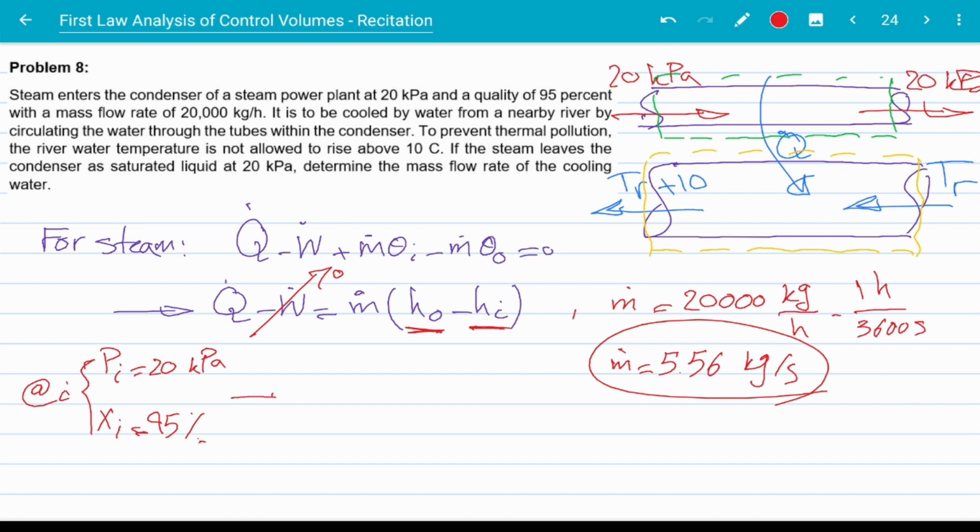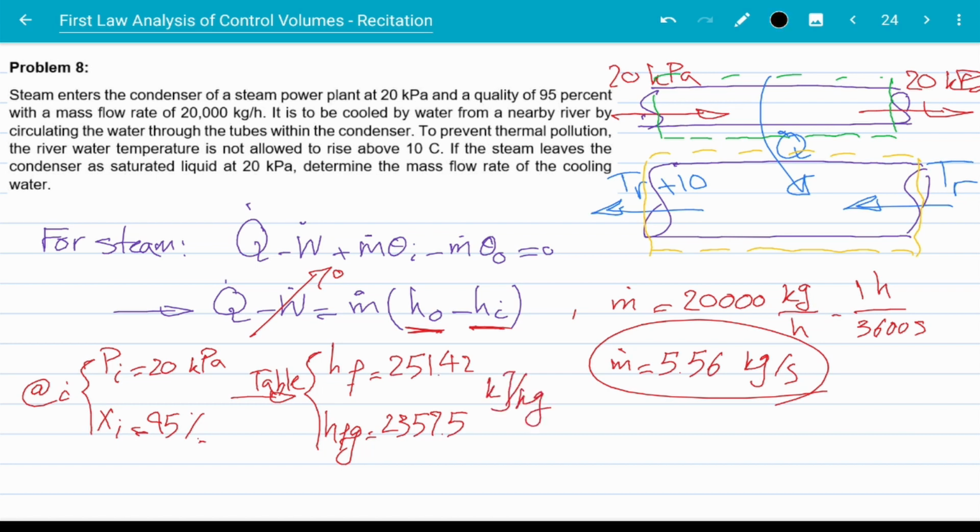So I'm going to read the tables and read H of f and H of fg at the pressure of 20 kilopascals. H of f is 251.42 and H of fg is 2357.5, both in kilojoules per kilogram.